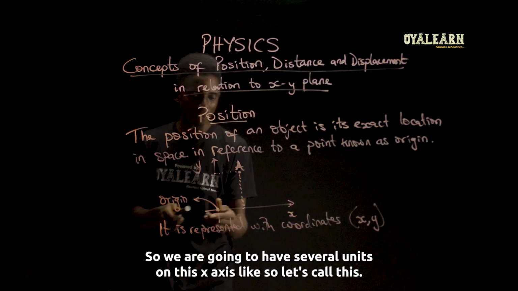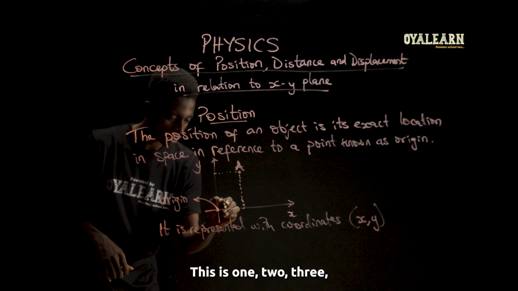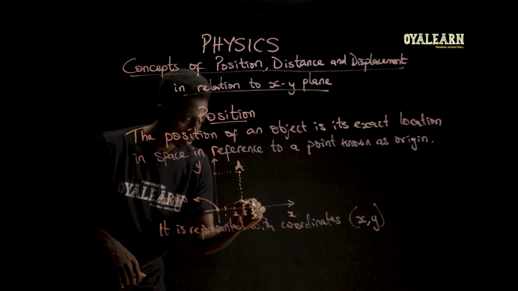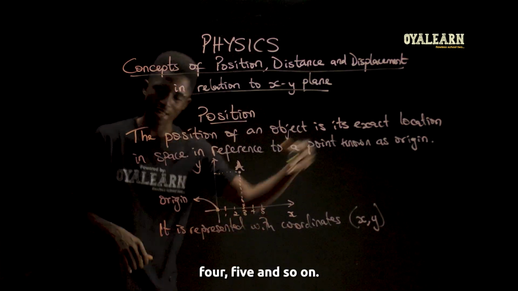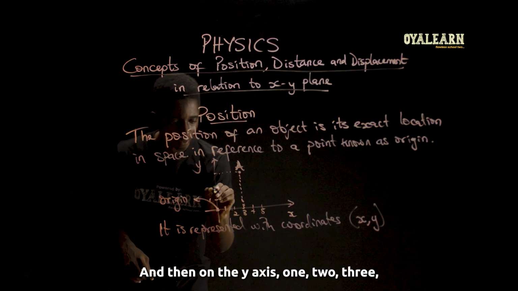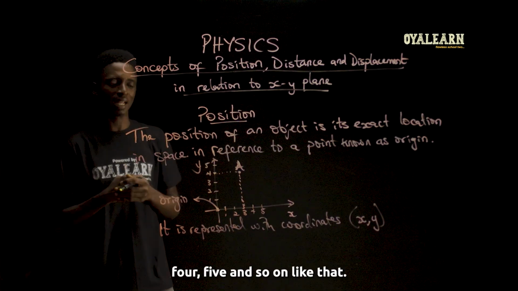We're going to have several units on this x-axis like so: 1, 2, 3, 4, 5, and so on. And then on the y-axis, 1, 2, 3, 4, 5, and so on.